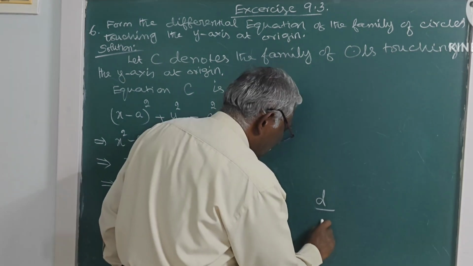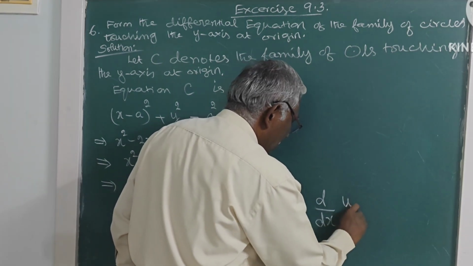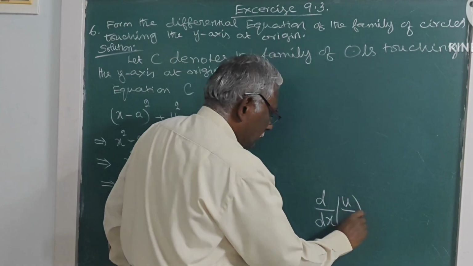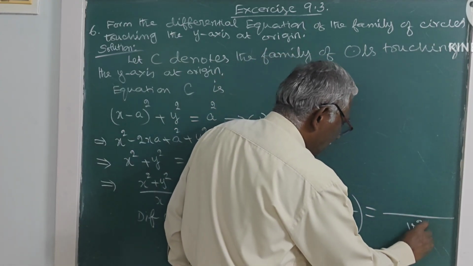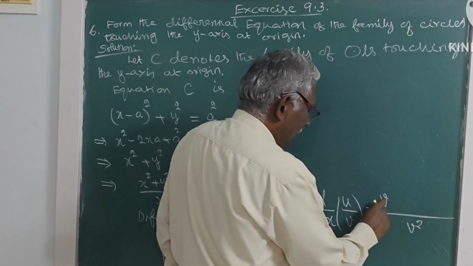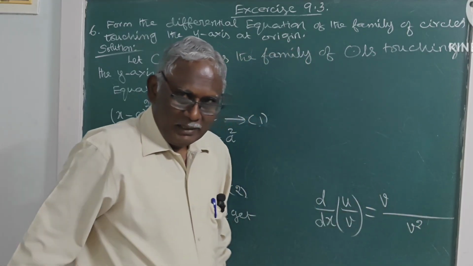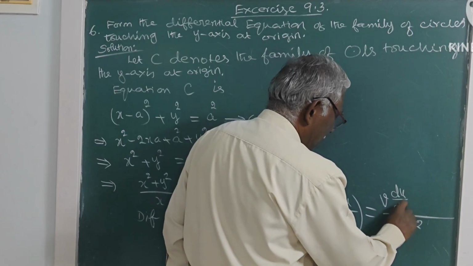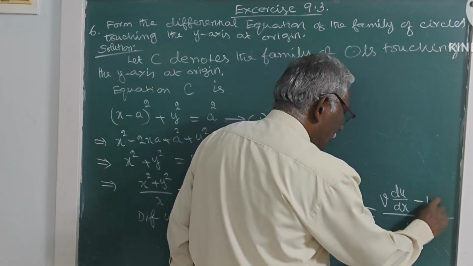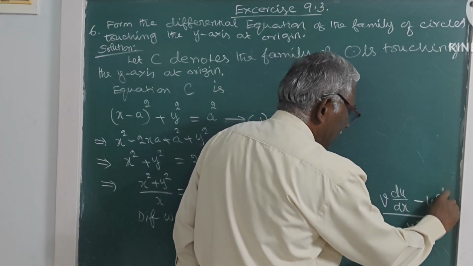So this is v square, then we have to write v, then du by dx minus u into dv by dx.